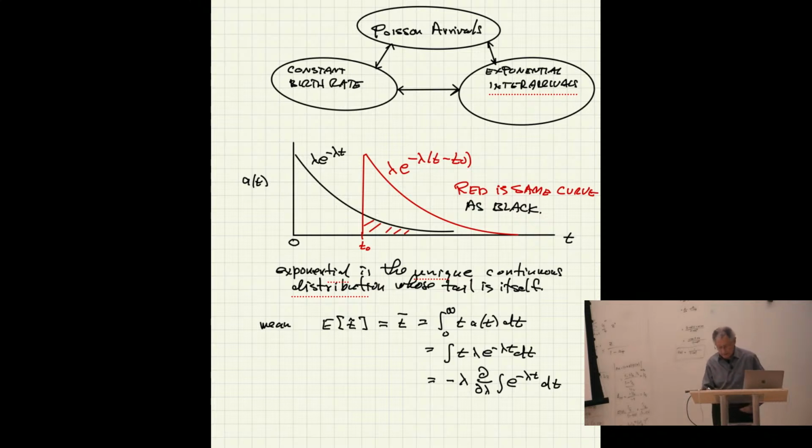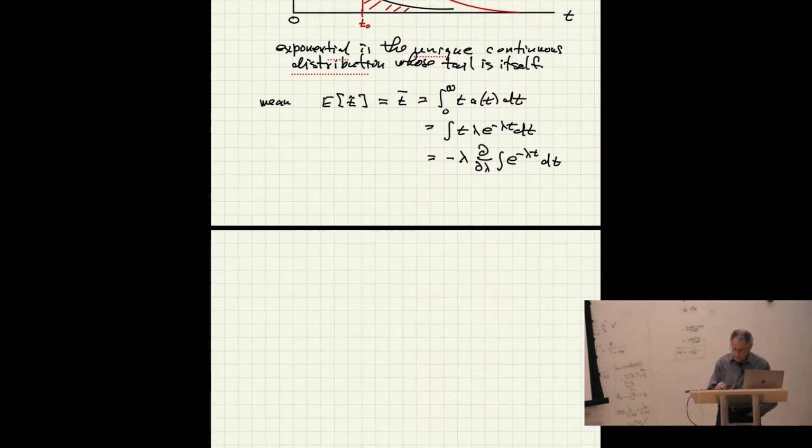Differentiate with respect to lambda, you get a minus t coming down, the minus cancels, you get the lambda that you needed. And you've done this enough times in homework. So if you do that calculation, you find out that it's equal to 1 over lambda. And differentiate this thing, you get the lambda downstairs. Okay. So t bar, the mean interarrival time, is 1 over lambda.